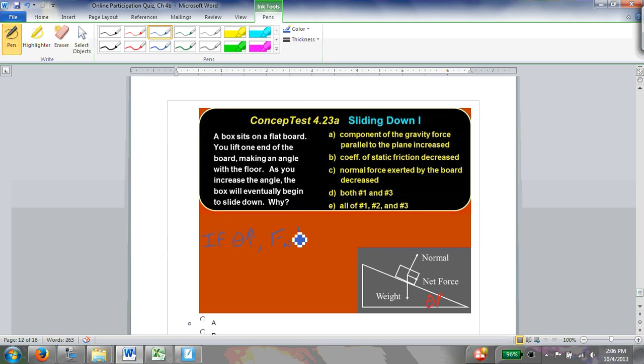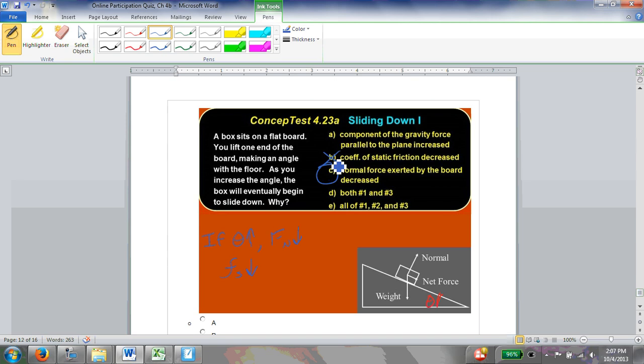That means that my static friction is also going to go down. So the normal force will be decreased, and that will cause the static friction to decrease as well, which will cause the block to move down because there will be less of a frictional force holding it in place. Now, you might be inclined to put B, but B is not correct because the coefficient of static friction doesn't decrease, only the force due to static friction.